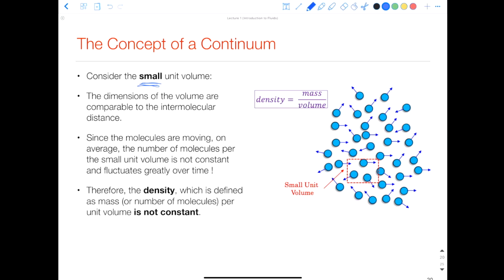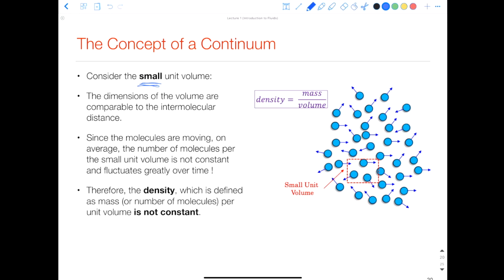If we consider a small volume where we might have just a few atoms in there, the density of the material inside that volume would be the mass of all of the atoms or molecules inside divided by the volume of that small unit volume.